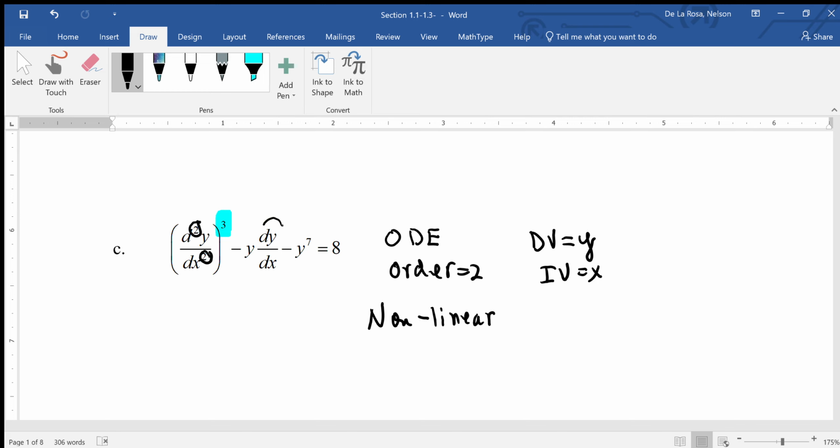So y cannot multiply dy/dx. Also, it is nonlinear because we have y raised to a power different from 1. It must be just 1. So that is the reason.